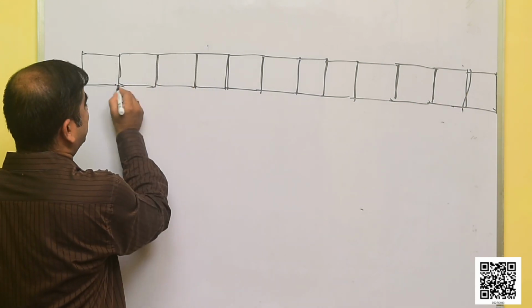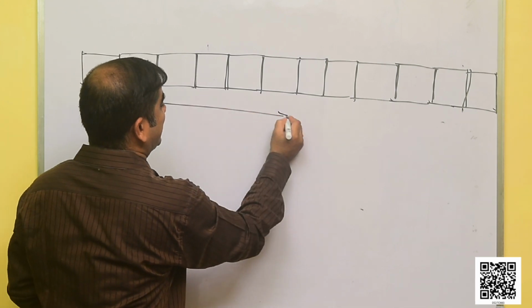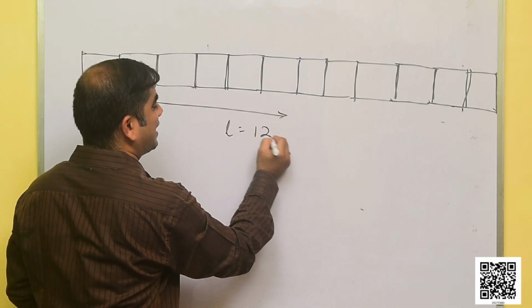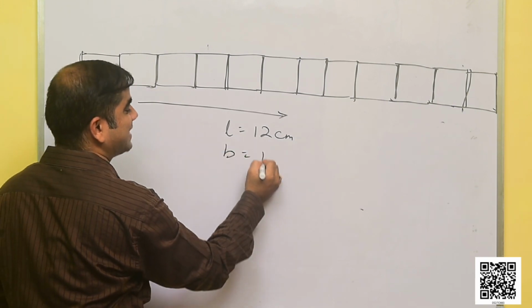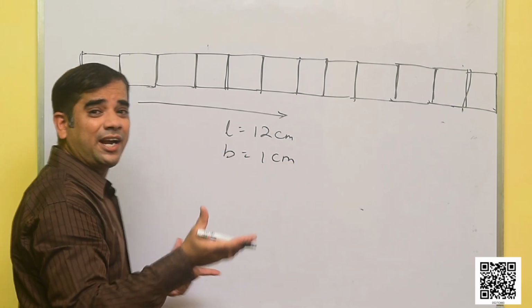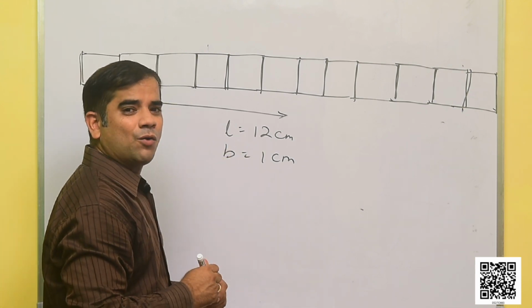That means if each side is of 1 centimeter, the rectangle is having length of 12 centimeter and breadth of 1 centimeter. So this is also a rectangle having length 12 centimeter and breadth 1 centimeter.